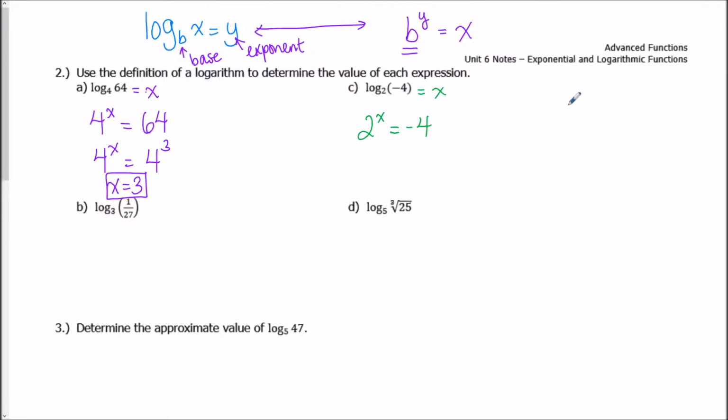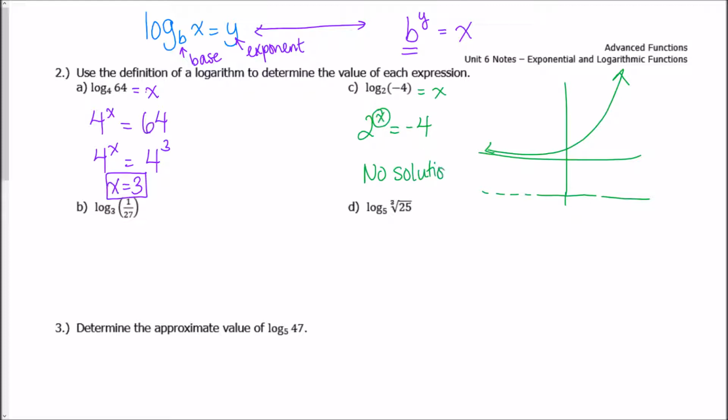And that's impossible because I know that 2 to the power of x looks like this, and negative 4 is way down here, so they'll never intersect with each other. 2 to the power of any number is always going to be a positive number. We'll get really small numbers for negative exponents right here, but it will never go below 0. So this right here means that there is no solution to this question.